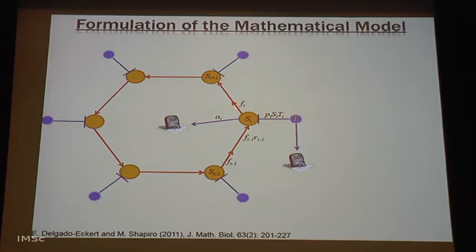We consider every stage in which the pathogen is. This could be the free virus, or it could be a cell that is infected with the virus and transformed into something else. And then we have an interaction with the immune system that tries to control the proliferation of the stage.